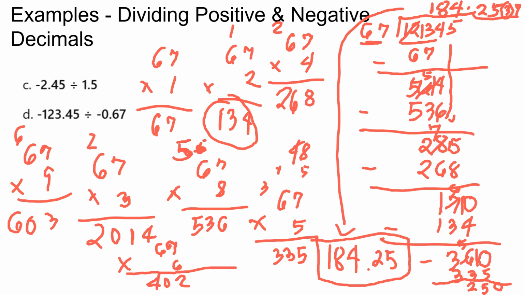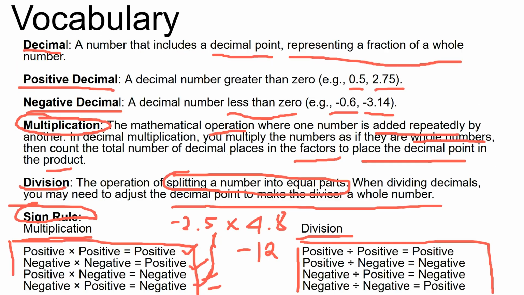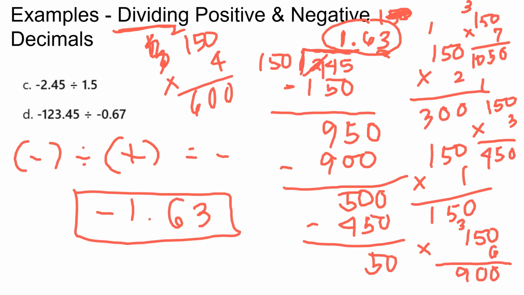And why is the answer positive? Because, in the rule of division, let's go back. In the rule of division, negative divided by negative is positive. See that?